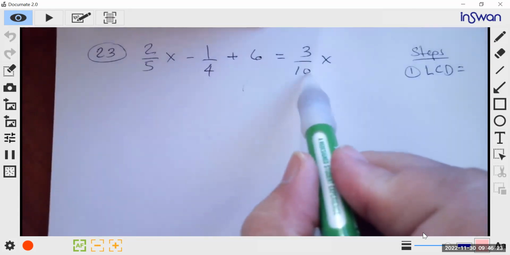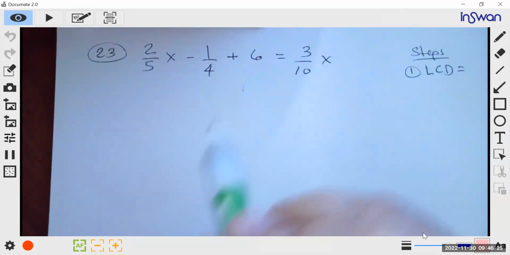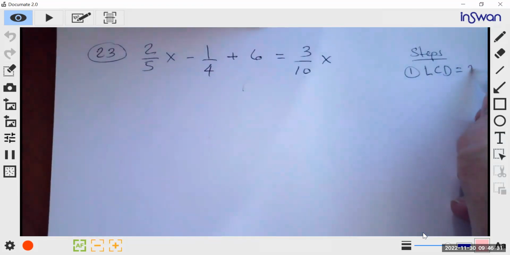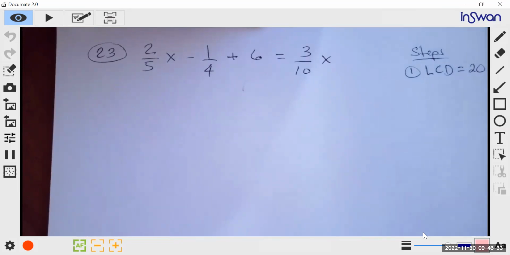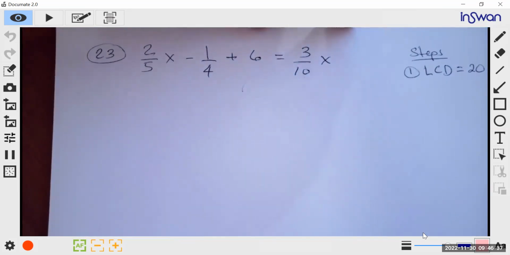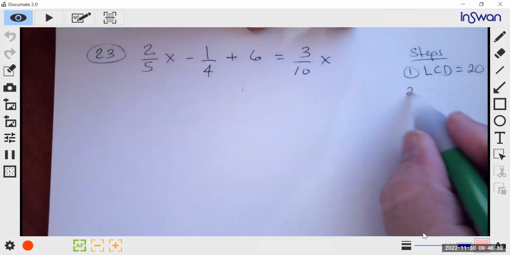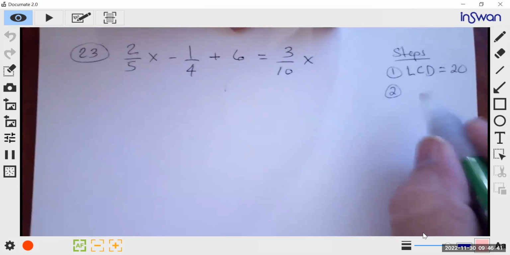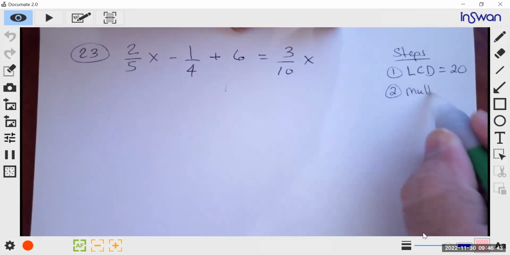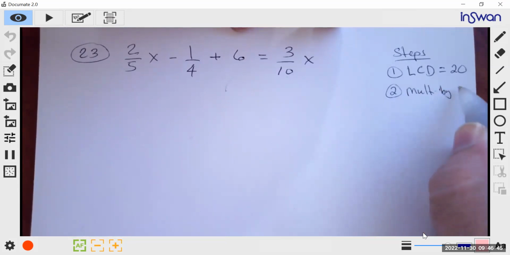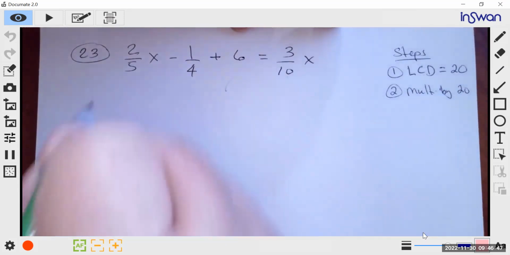What's the smallest number that 10, 5, and 4 fit into? 20. What do we do with that 20? Multiply each term by 20.